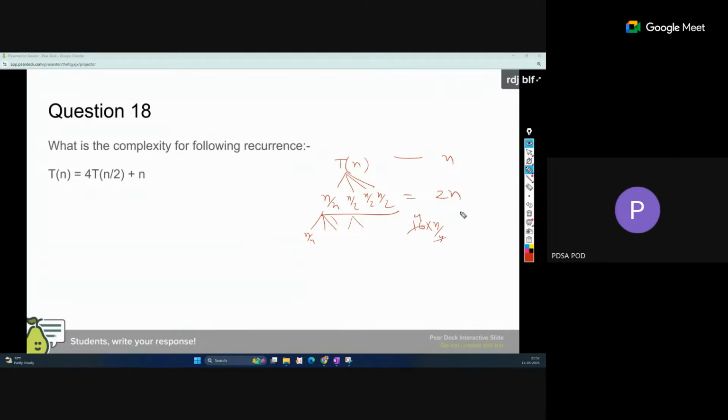So this becomes 4n. Now this is increasing, so in that case we select the f(n) value, this is n, and n to the log base 2 of 4, where c is the divide value and r is this one. So 2 to the power 2 we can write. So that will become n square. Order of n square is the complexity for this.